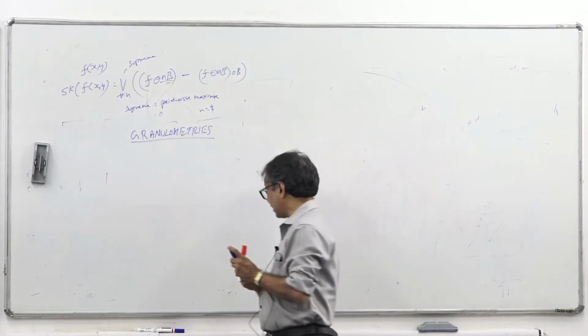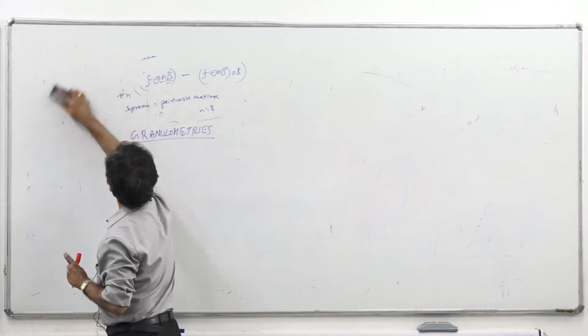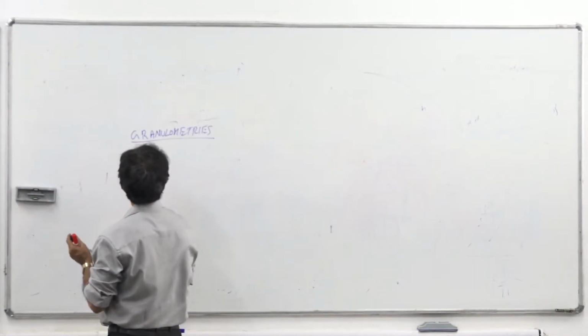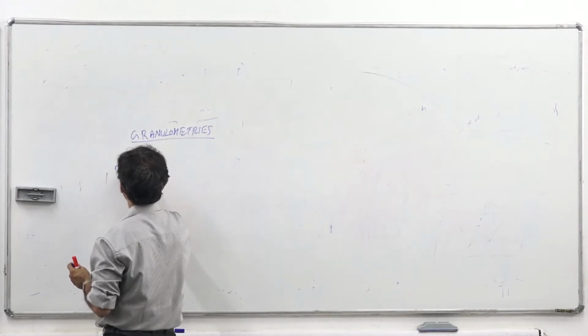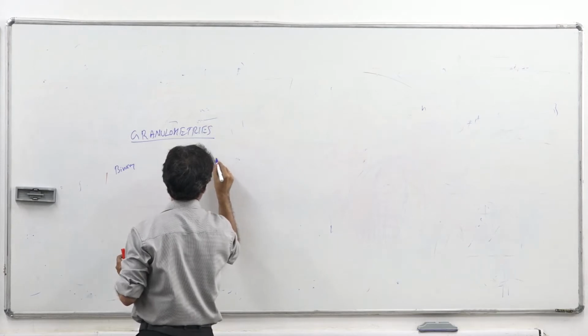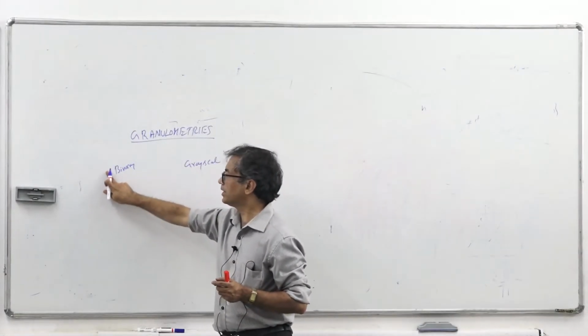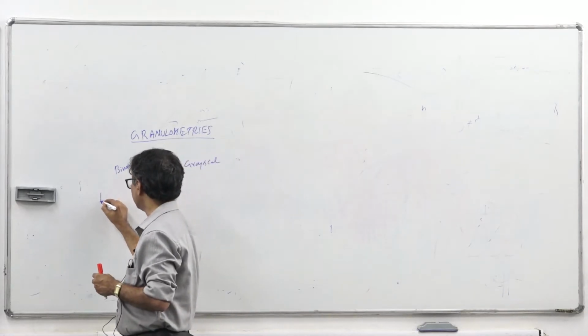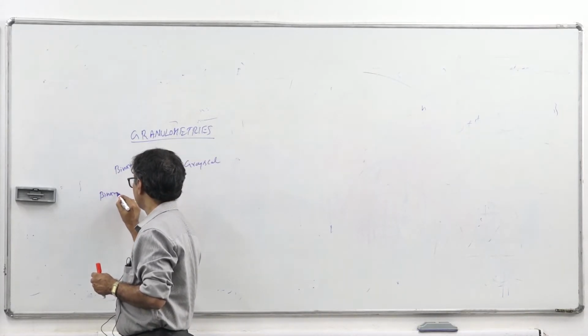Granulometries, and in this granulometries again you have binary and grayscale. So binary granulometries would be very nice for studying binary objects.